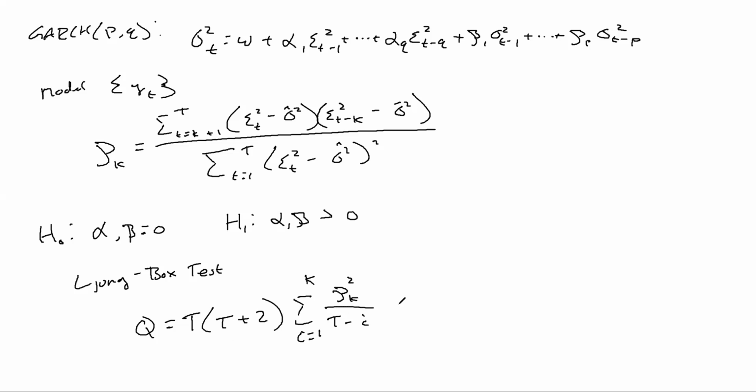And this Q statistic is going to follow a chi-square distribution. And again, K is the number of lags being tested.